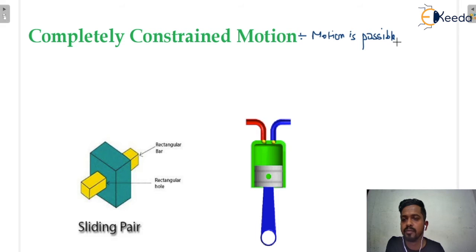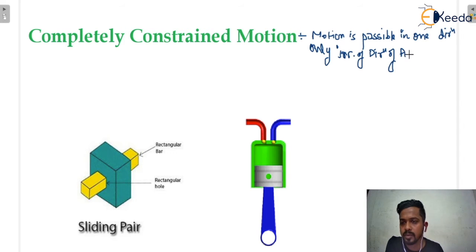Then we will see the examples of each constrained motion. So what is completely constrained motion? Motion is possible in one direction only, irrespective of the direction of applied load.